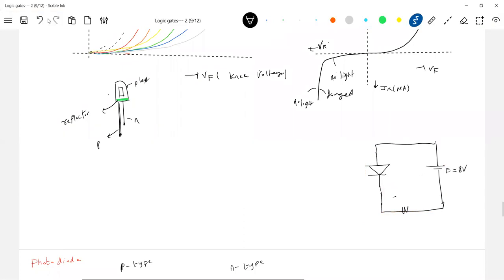Now I'll bring that resistor here. Now it starts emitting light. There's a symbol we show for the LED: if you have arrows nearby pointing away, it is nothing but a light emitting diode. What is the forward voltage of such a diode? Let me take 3 volt, and let the resistor be 70 ohm. Then how much current will pass through it?